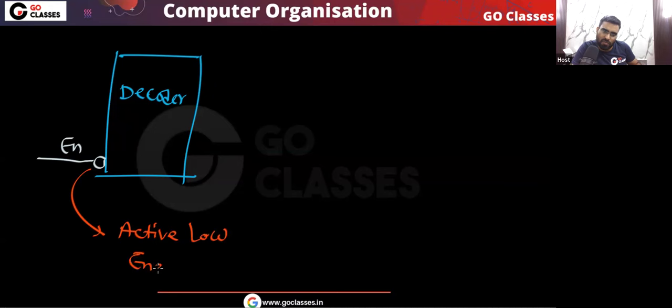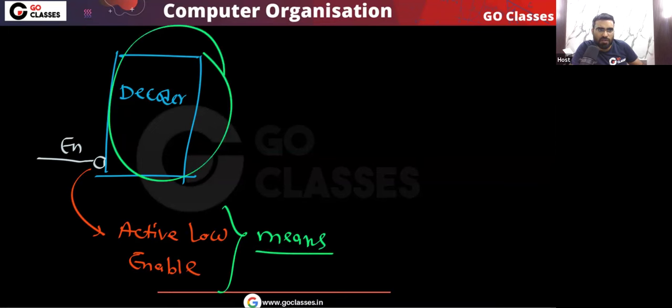This is the decoder, and let's assume this decoder has an active low enable. This is the enable signal, right? This bubble means active low enable, correct? What does it mean?